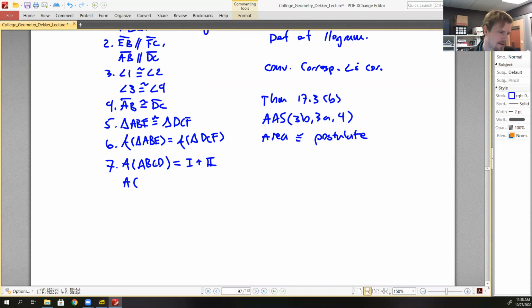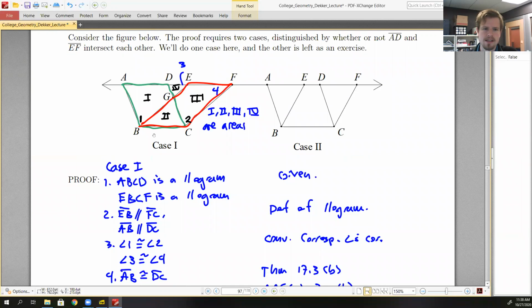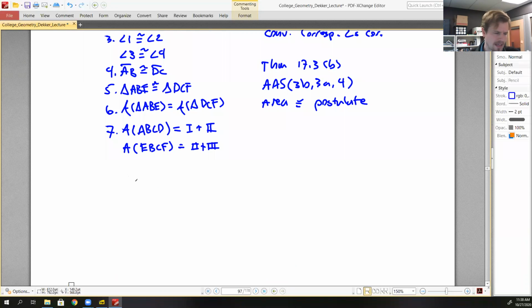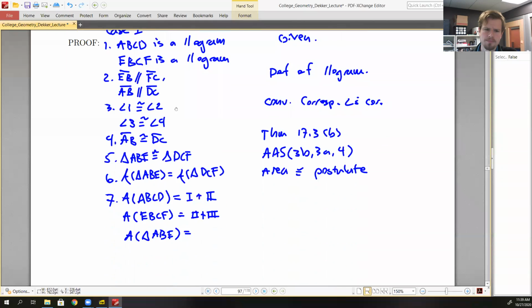The area of parallelogram EBCF is given by 3 plus 2, or 2 plus 3. Excellent. And the area of triangle ABE is equal to, ABE, so we look at areas 1 and 4.